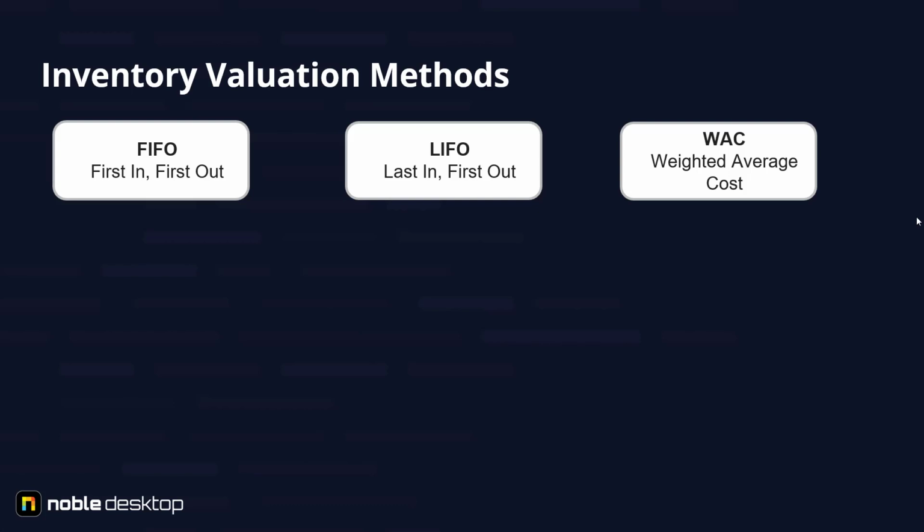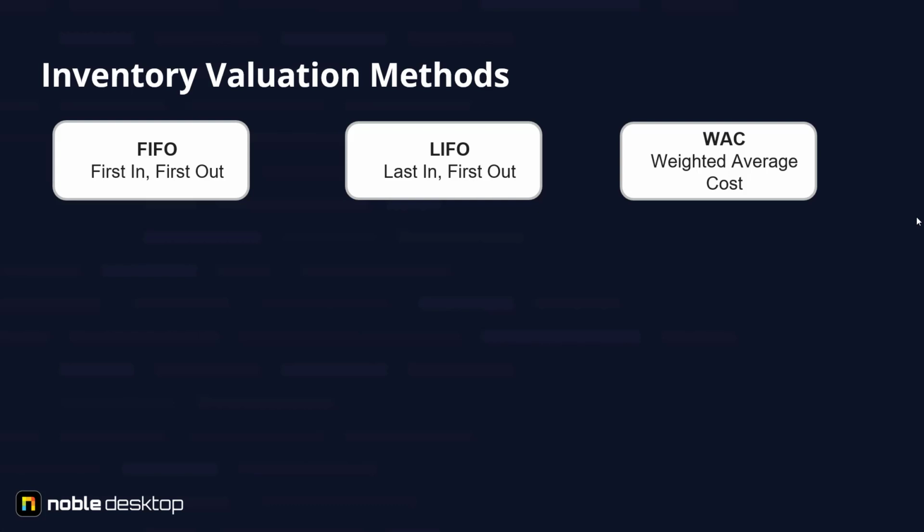WAC, or weighted average cost. As the name suggests, WAC uses an average of all inventory costs. WAC is generally used when inventory items are identical. It can simplify inventory costing because it avoids the need to track the cost of separate inventory purchases when calculating profit and tax liability.